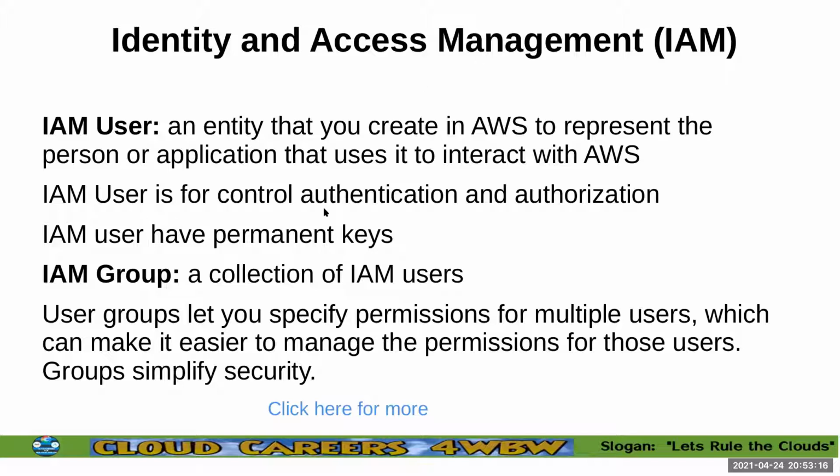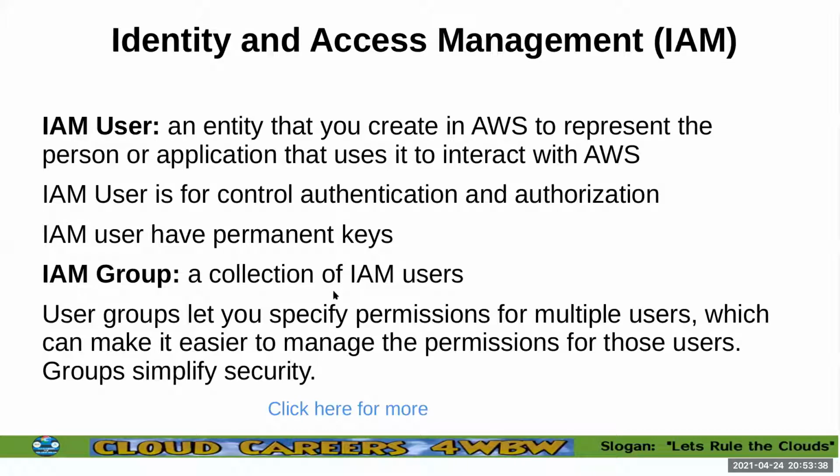And they control authentication and authorization. These keys for an IAM user are permanent keys. We are going to come to another case where we'll have temporary keys. So the key things to know about an IAM user are that they have permanent keys and they represent a person or application that wants to interact.